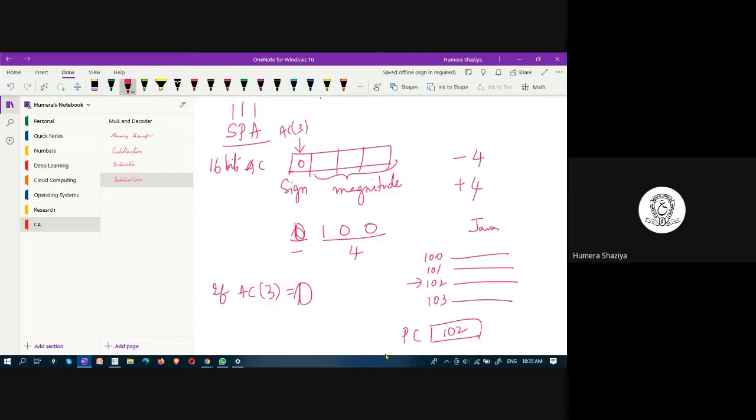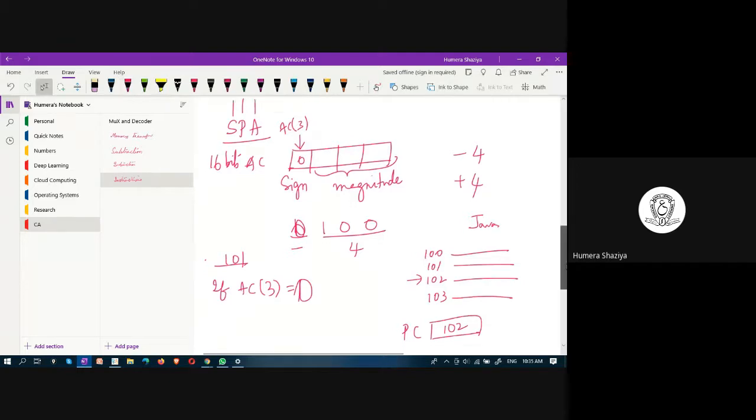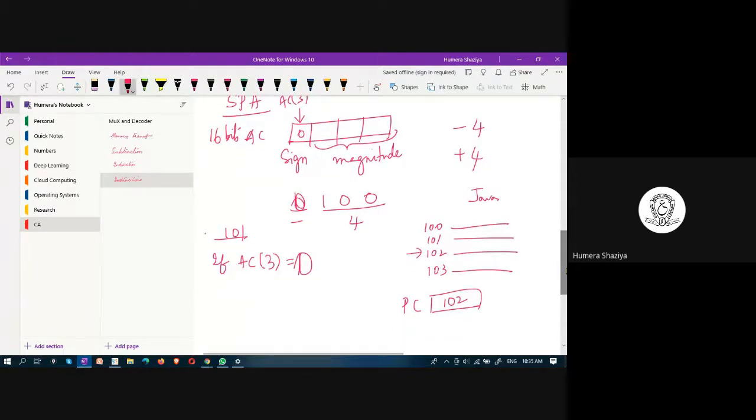While executing 101, if it is found that the number in AC is positive, it should not execute instruction 102. Rather, it should skip. How does it skip? By incrementing the PC value.